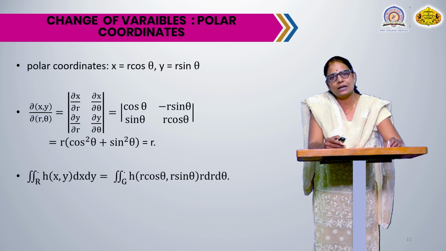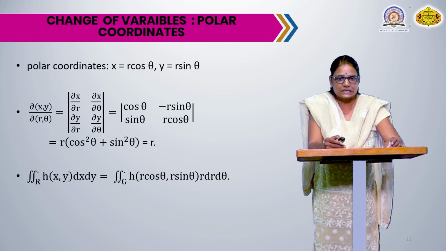We know that r is a distance, the distance of the point from the origin, so it is always positive, and that is why its absolute value is r. So we write r into dr d theta as it is, over the region G.